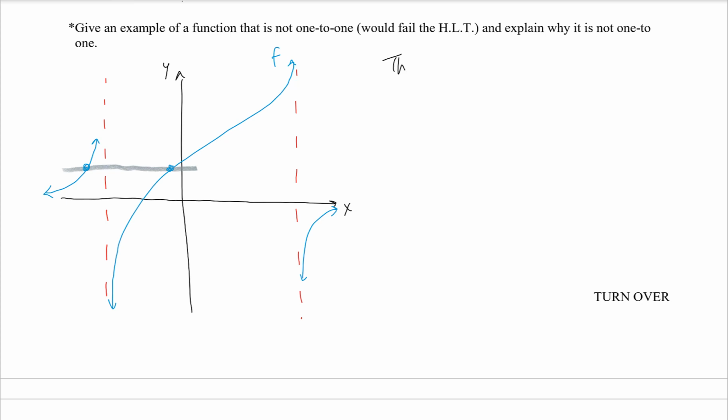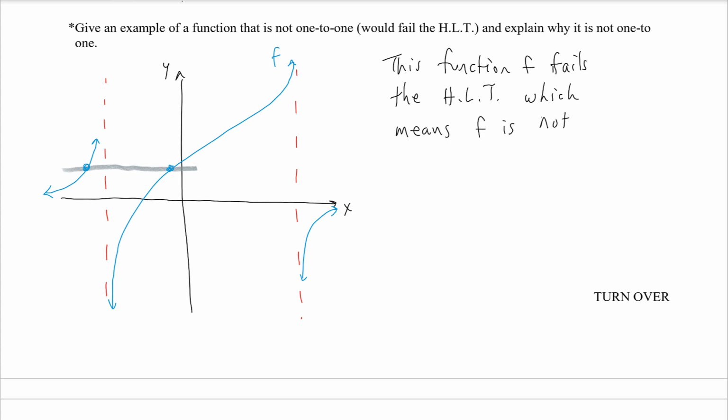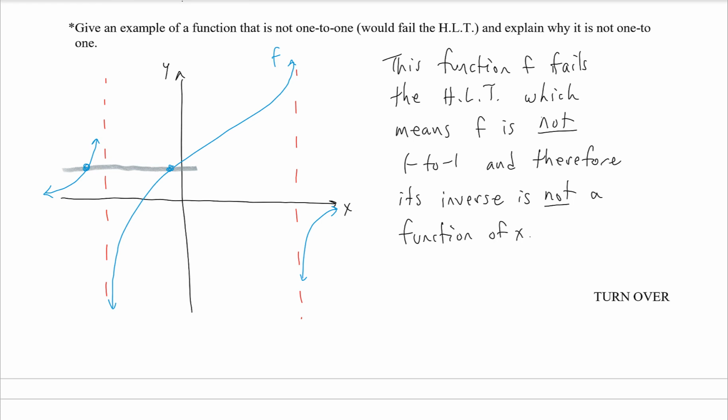So this function f fails the horizontal line test, which means f is not one-to-one, and therefore its inverse is not a function of x.